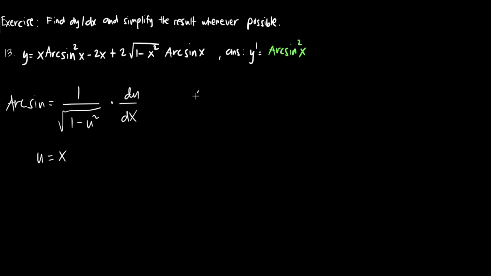Similarly for the second term, the derivative of arcsine is just like the first term: 1 all over square root of 1 minus u squared times du over dx, where u is just equal to x.